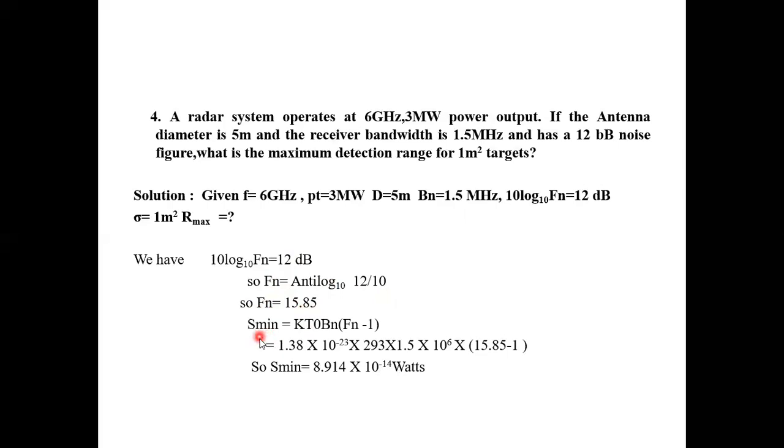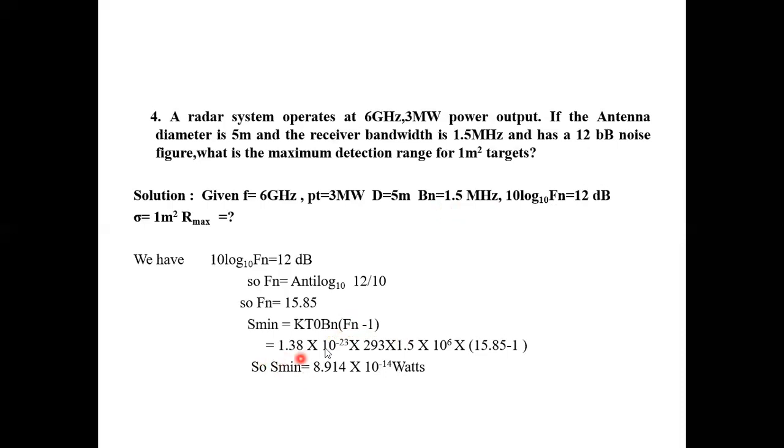Next is the calculation of Smin, or minimum detectable power. Smin is given by K into T naught Bn Fn, where K is Boltzmann's constant and T is the temperature, and the Bn and Fn values, the bandwidth and the noise figure, are both given.